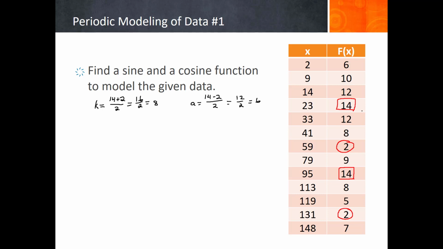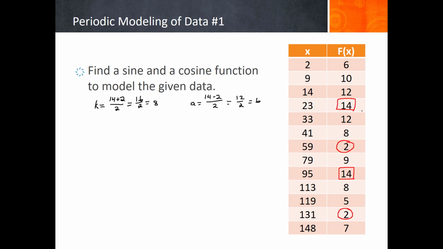Those are the y coordinates, which deal with the vertical stretch and the vertical shift. The next part we want to figure out is the horizontal stuff: what's the horizontal stretch, which is our period, and what's our horizontal shift. To find those, we need to pull out the numbers from the x coordinates.